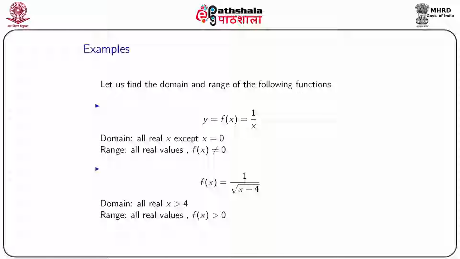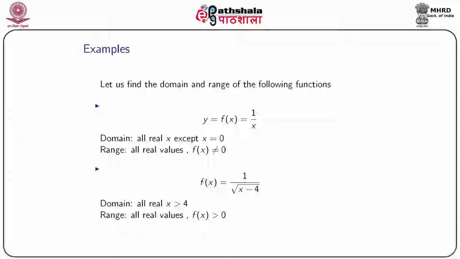Let us consider a few examples. Suppose the function is the reciprocal function y equals f(x) equals 1 over x. Now if you are asked to find the domain and range, it's not very difficult to obtain. This function 1 over x is valid for every value of x, I am talking about real values, except x equals 0.